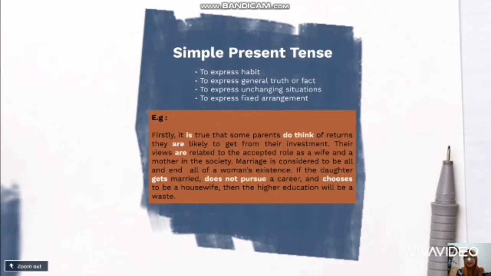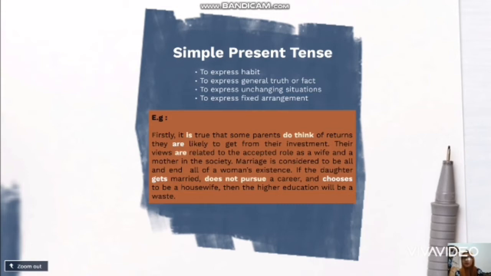Simple present tense. Why we have to use simple present tense in analytical exposition text? It's because what we write in the analytical exposition text, some of them are the general truths or facts, as we can see in the beginning of the presentations.